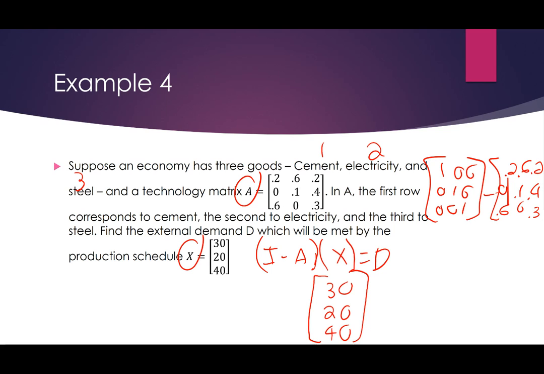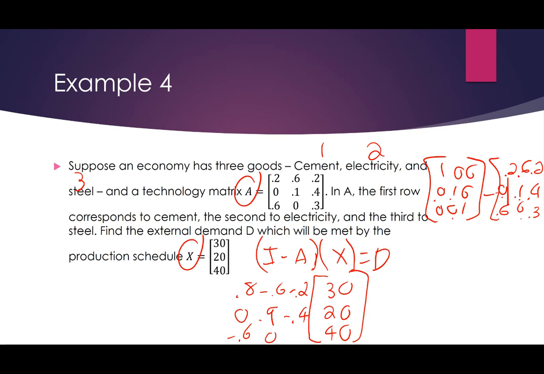So again, 1 minus 0.2 would be 0.8. 0 minus 0.6 would be negative 0.6. 0 minus 0.2 would be negative 0.2. 0 minus 0 would be 0. 1 minus 0.1 would be 0.9. 0 minus 0.4 would be negative 0.4. 0 minus 0.6, negative 0.6. 0 minus 0 is 0.